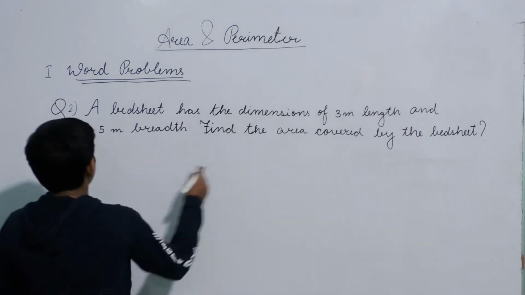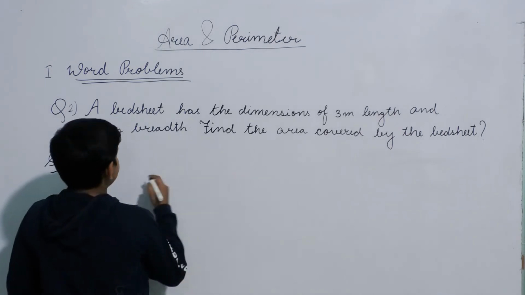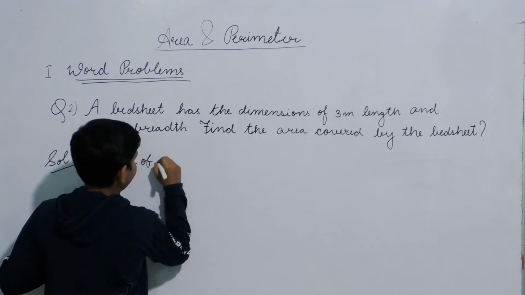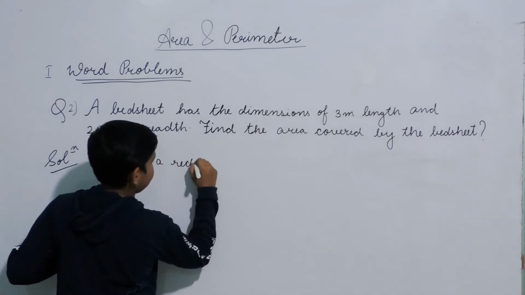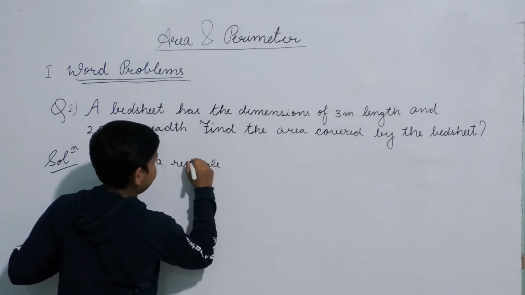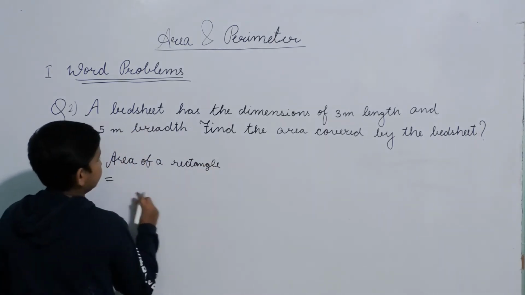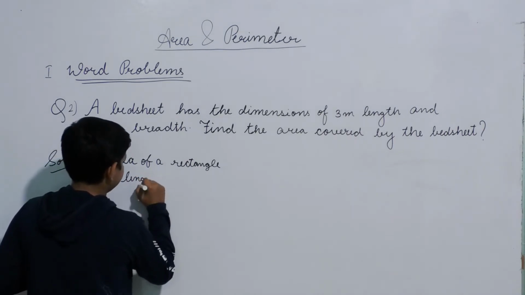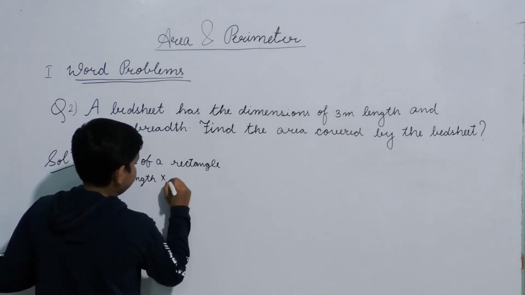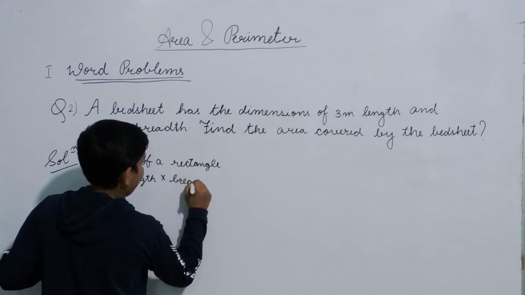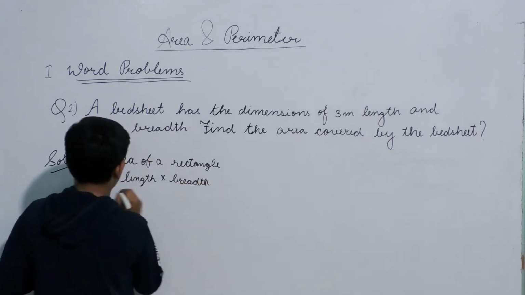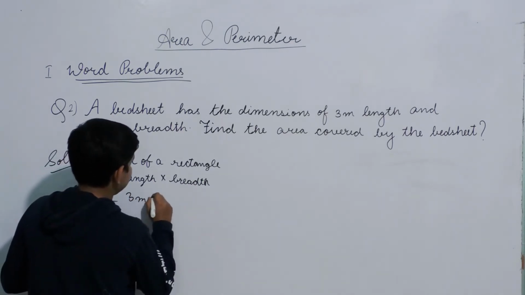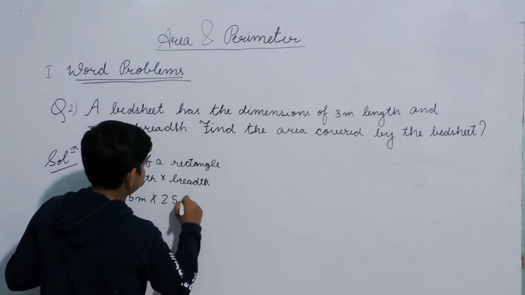So let's start. To find the area, because it is a rectangle, we need to find the area of a rectangle. We will use the same formula as before, length into breadth. Now we will rewrite this question as 3 meters into 2.5 meters.